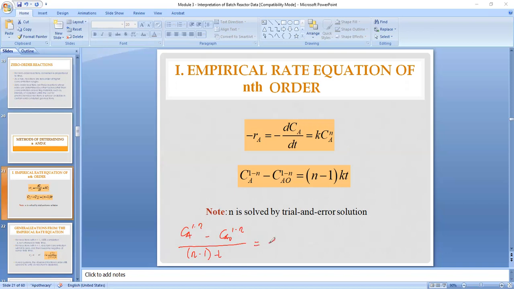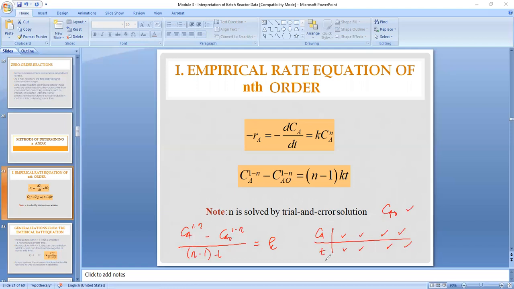And this is the k. This is what I suggest to my students. The problem will give you, most of the time, concentration and time pair of data. So you have this data here for concentration and time. They are paired, of course, together with the initial concentration of A. That should be given.